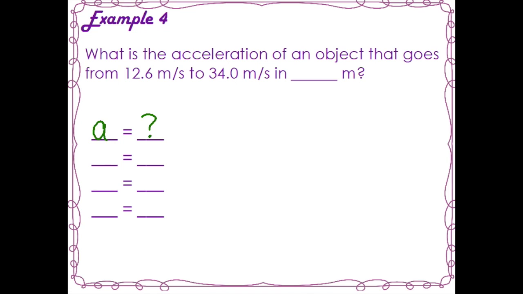So I have a V initial and a V final. And remember, the distance you're given is 45 meters.